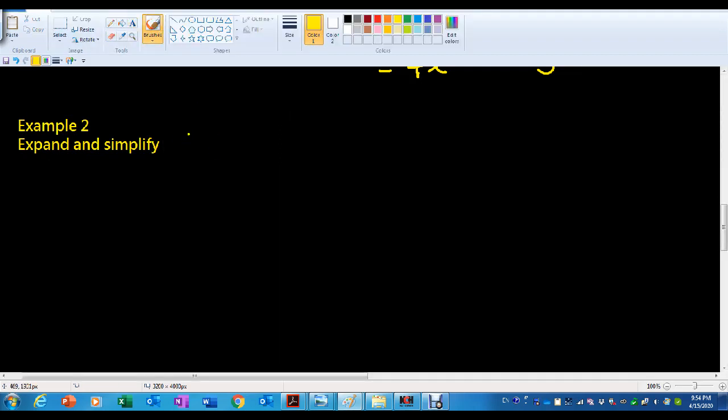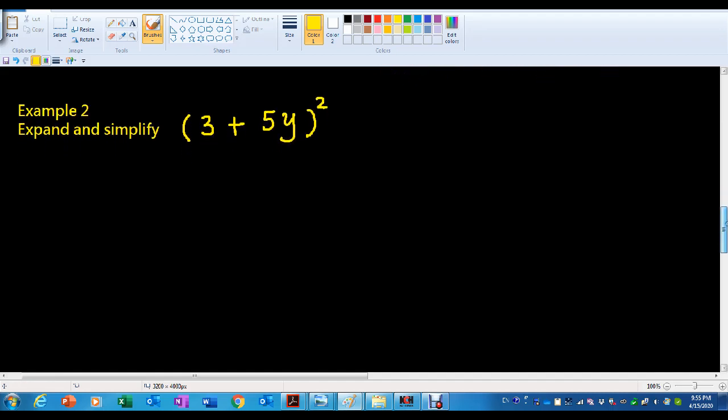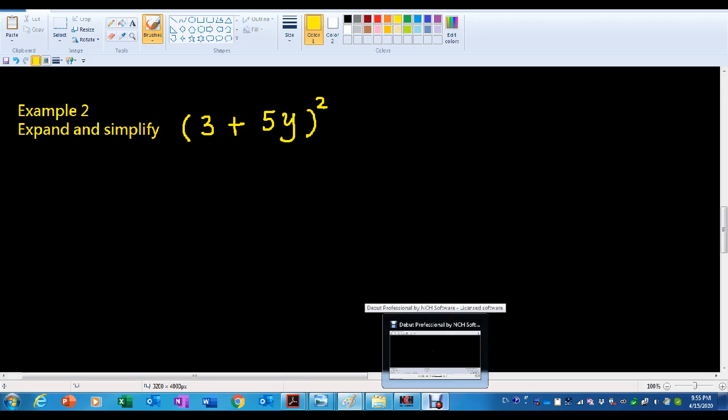Let's see, this time it is 3 plus 5y, squared. I want to see if you can do it. I'm going to give you a bit of time to try by yourself. Make sure you do have a try before you check with my answer.